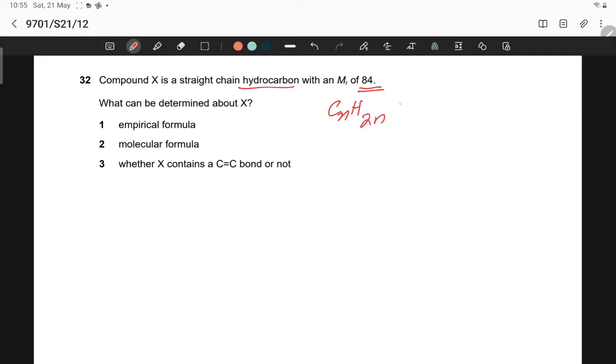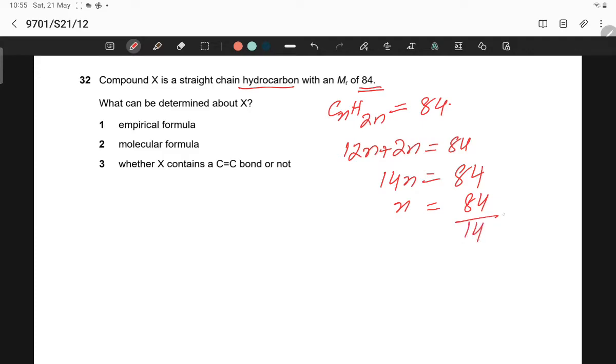CnH2n is equal to 84, so 12n plus 2n is equal to 84. 14n is equal to 84. n is equal to 84 over 14 is equal to 6. So this is 6. We can check which have molecular mass 84.